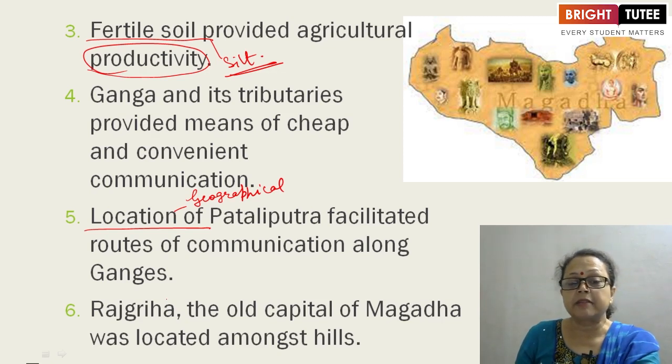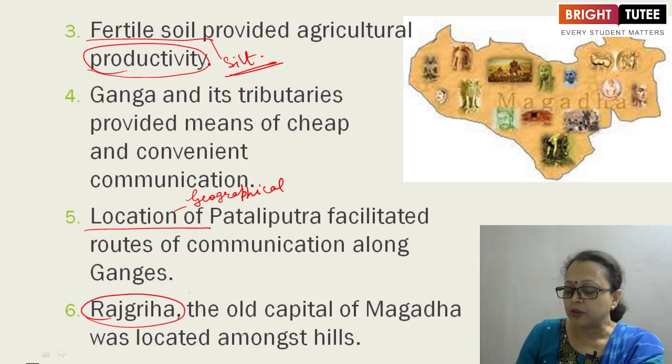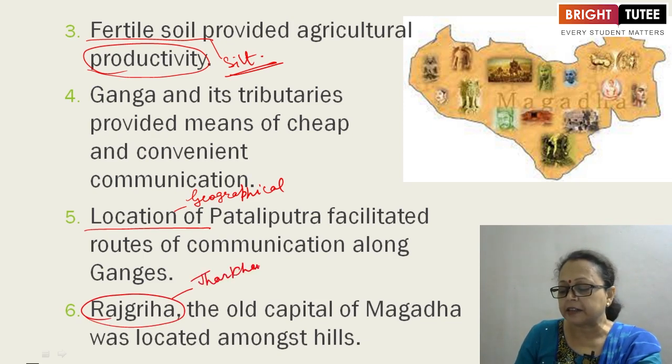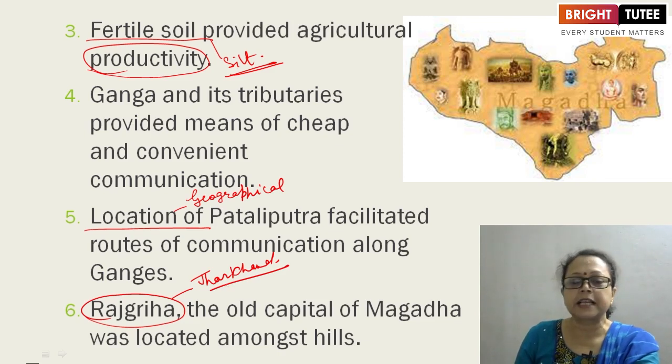Then comes Rajgriha. The old capital of Magad was located amongst hills. Rajgriha is present day in Jharkhand. It is on the top of the hills, a very beautiful place surrounded by hills.